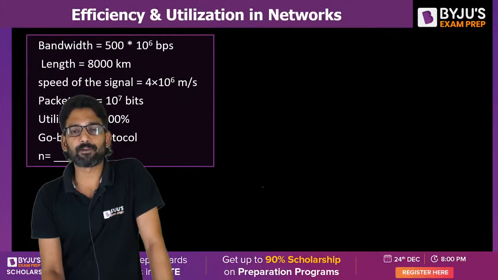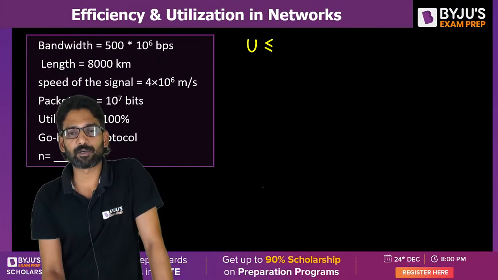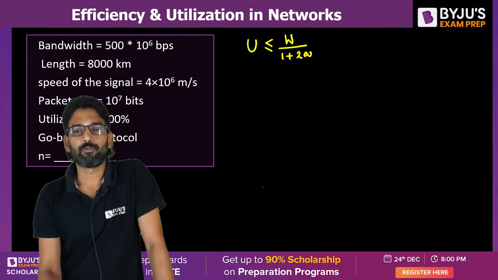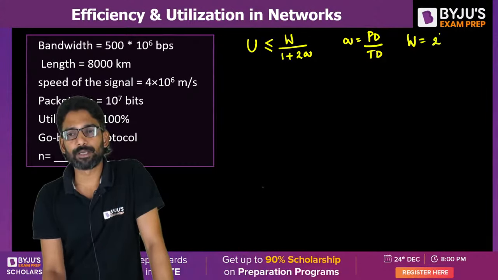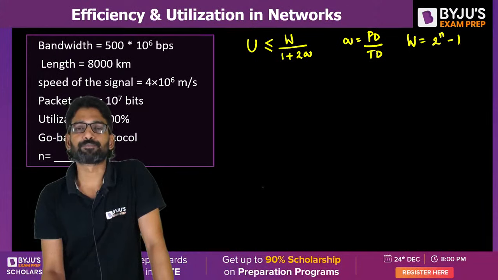For go back n we know U must be less than or equal to W by 1 plus 2a, where a is propagation delay by transmission delay, W is 2 raised to n minus 1.